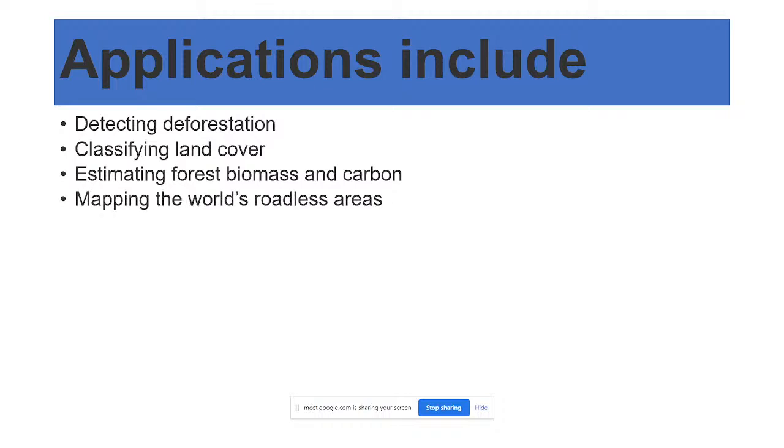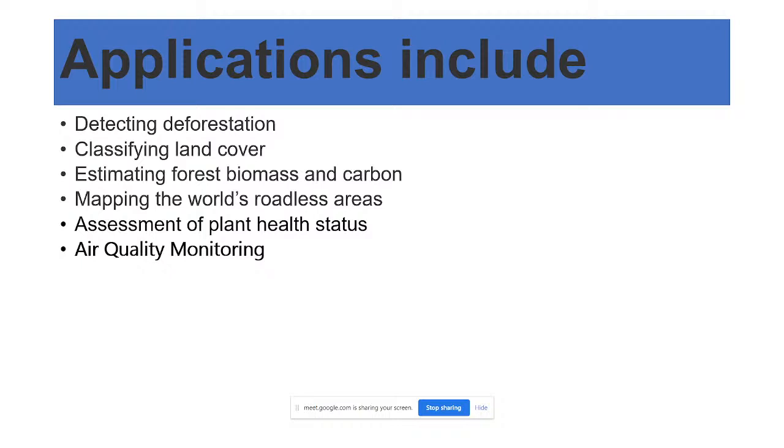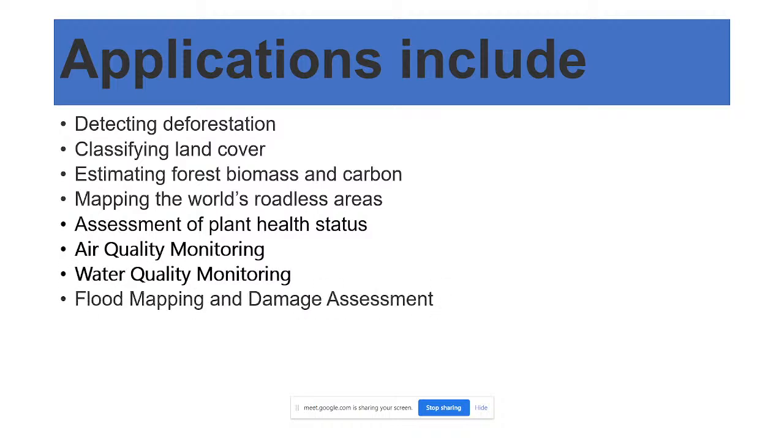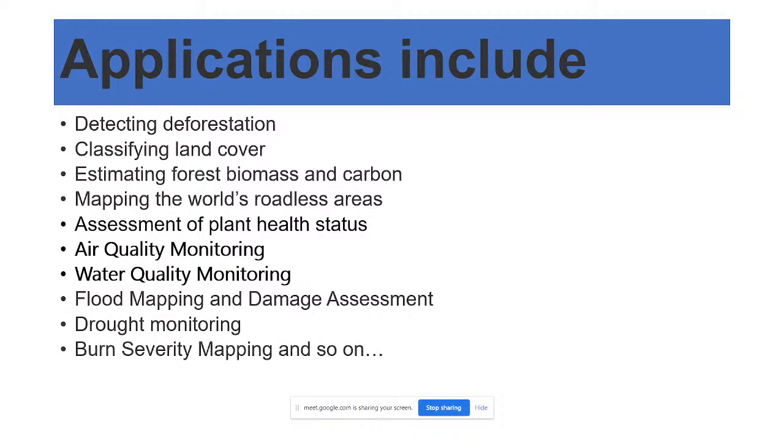We can also map the world's roadless areas, assess plant health status, and do air quality monitoring, water quality monitoring, flood mapping and damage assessment, drought monitoring, burn severity mapping, and land surface temperature monitoring.